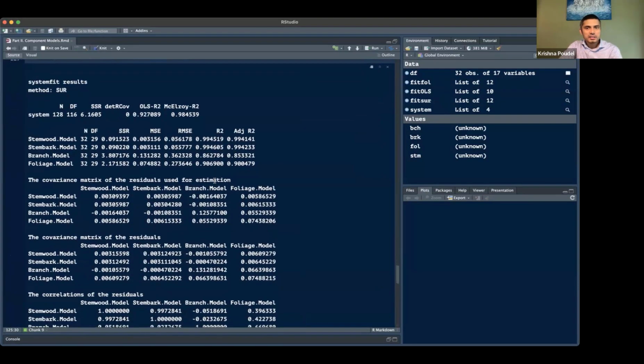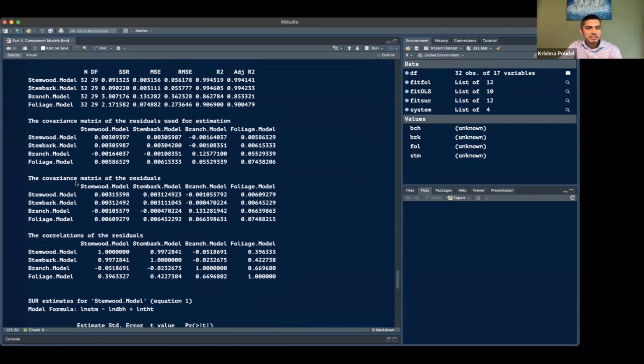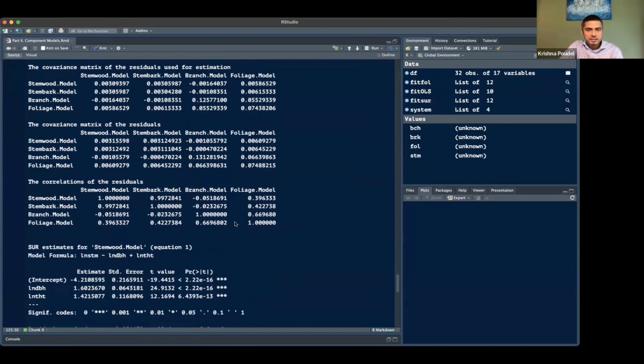And in addition to what we already had, here we'll get this variance-covariance matrix of the residuals. And our assumption is that the correlation between the residuals among those equations is high. And we can see that too. For example, for stem bark and stem wood residuals, the correlation is almost 99%.